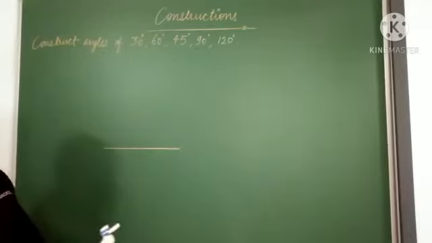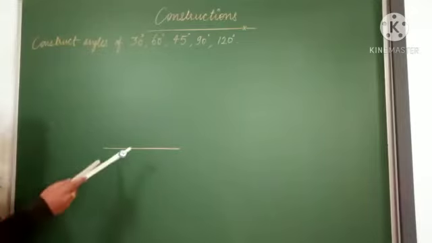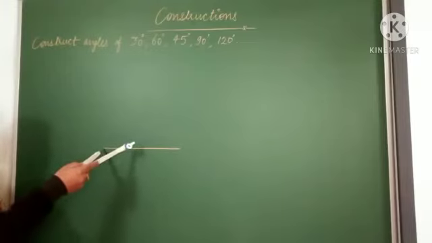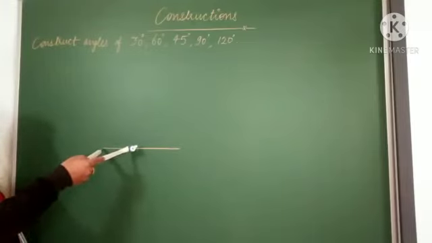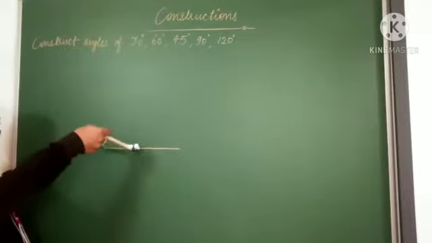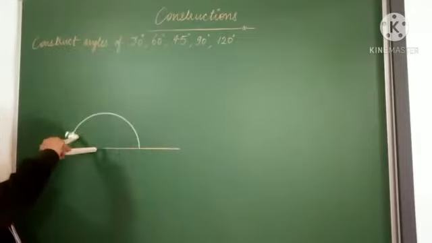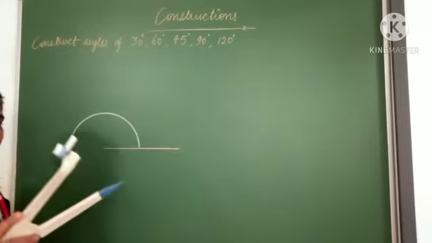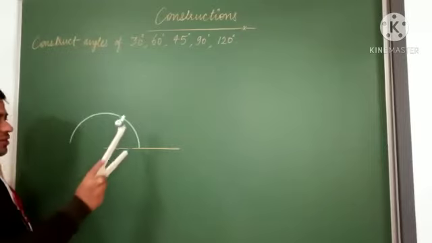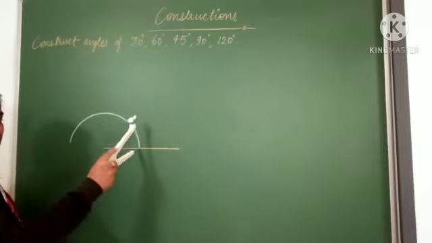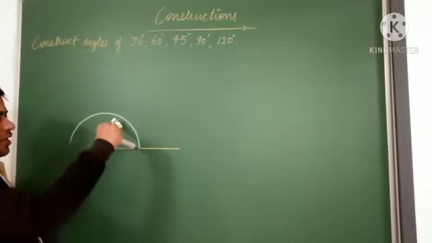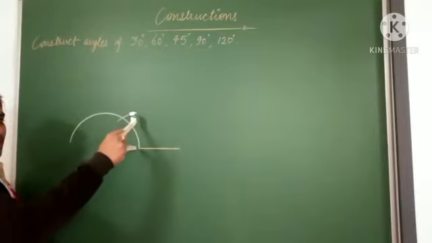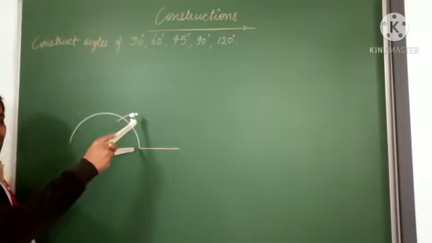Taking a suitable radius of any length in your compass, keep the end point of the compass at the starting point of the line and rotate an arc. After that, put your compass at the starting point of the arc, and cut another arc taking the same radius on the previous arc.